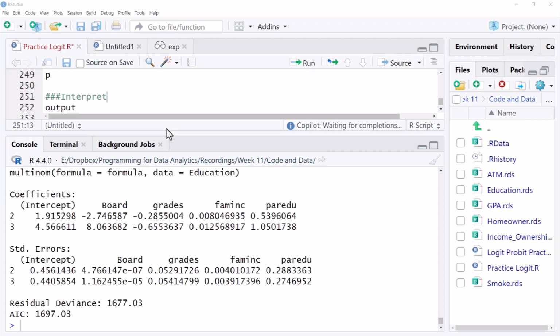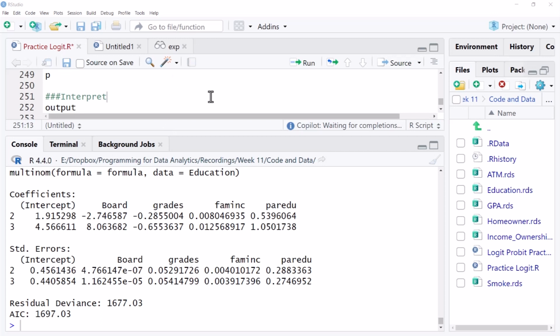What about family income? Family income was in lakhs. If your family income is higher by 1 lakh, the odds ratio for choosing the 3-year program with respect to no undergrad increases by 0.8%, and similarly the odds ratio increases by 1.25% in favor of the 4-year program if your family income increases by 1 lakh.